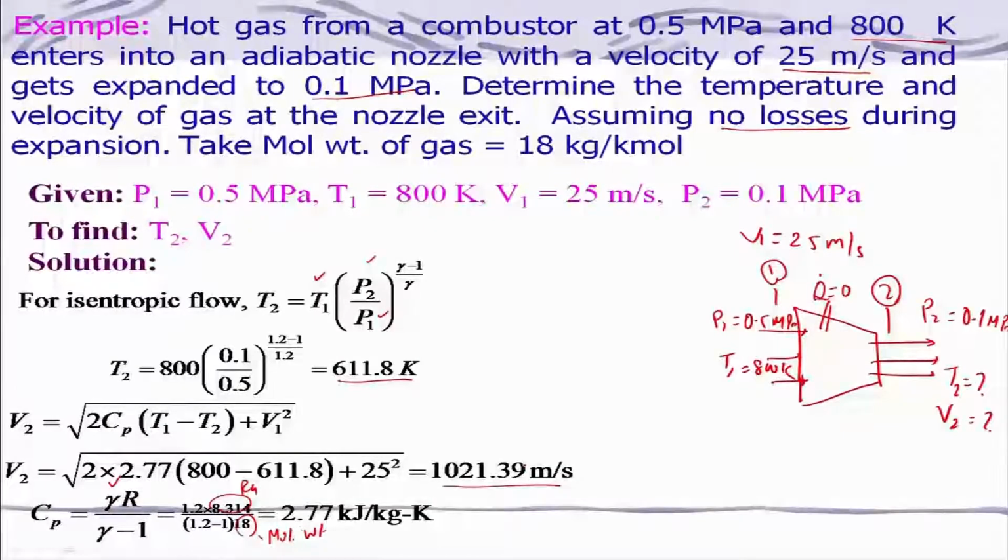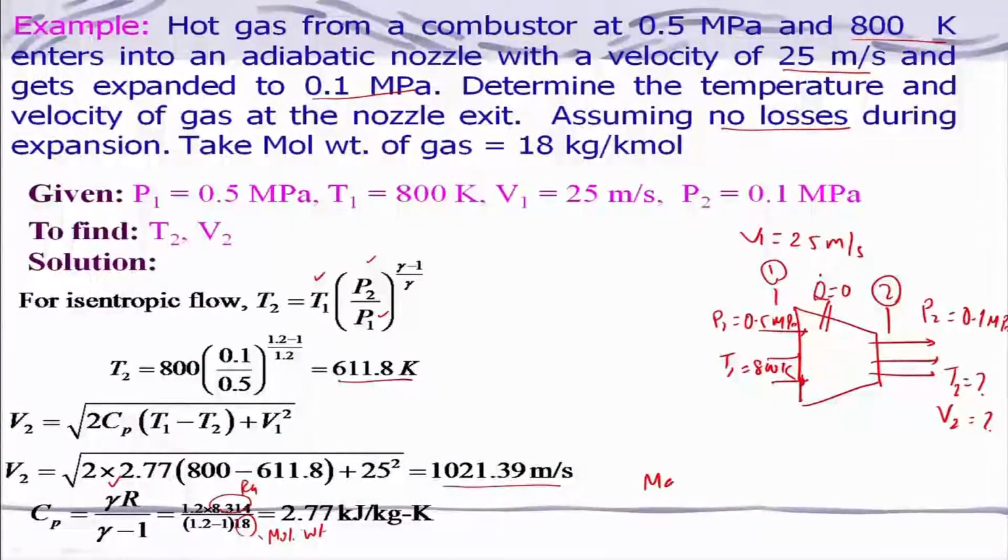Yes or no? But actually here the velocity is very high. Can I assume this density at the inlet and exit of a nozzle to be the same? Only if it is an incompressible fluid. If it is a compressible fluid, then we cannot. Are you getting my point?